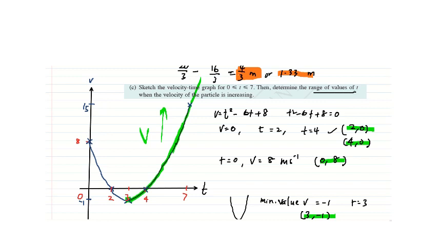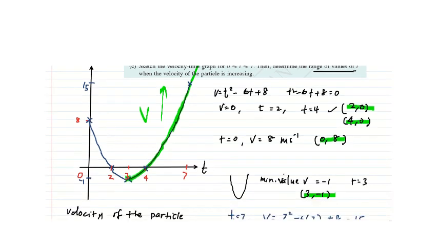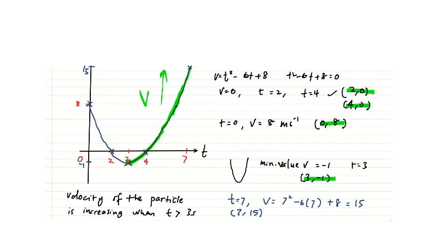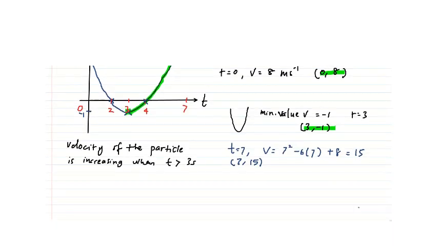Range of values of t, when we look at the word range, it must have a more than or less than symbol, or between, or more than or equal, or less than or equal. Right now we already have t more than 3 seconds. Why don't we have the answer t more than or equal to 3 seconds?